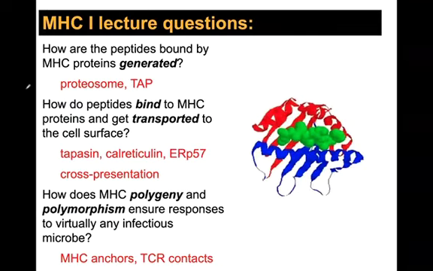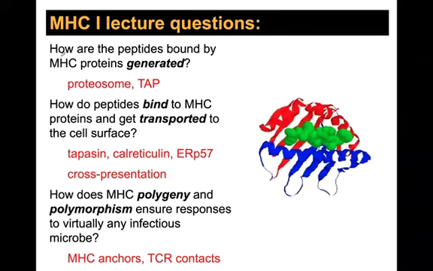Okay, so it looks like we went a little fast, and I want to go over the questions I will ask you about on an exam. The first thing is, go back to the questions that we started with in this lecture. How do you generate the peptides that are bound by MHC proteins? That's both by the proteasome and also the immunoproteasome during inflammation, and they're transported by the TAP proteins.